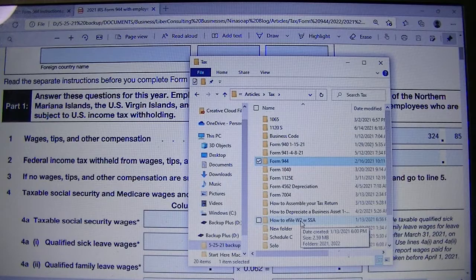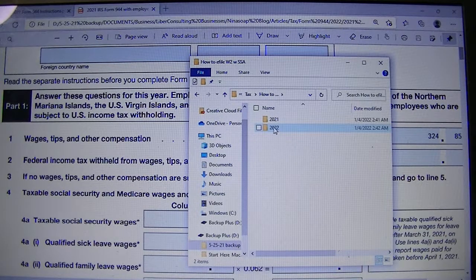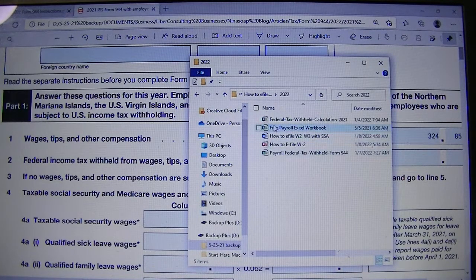And on our blog, under free downloads, we have a free payroll spreadsheet there that you can download as well.